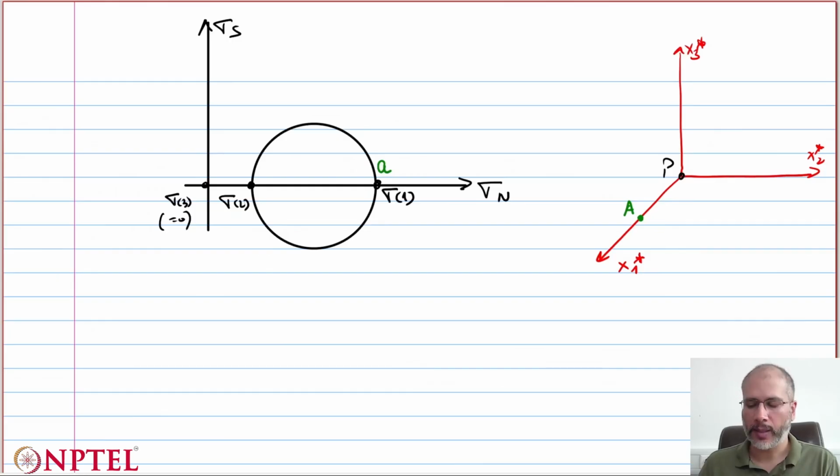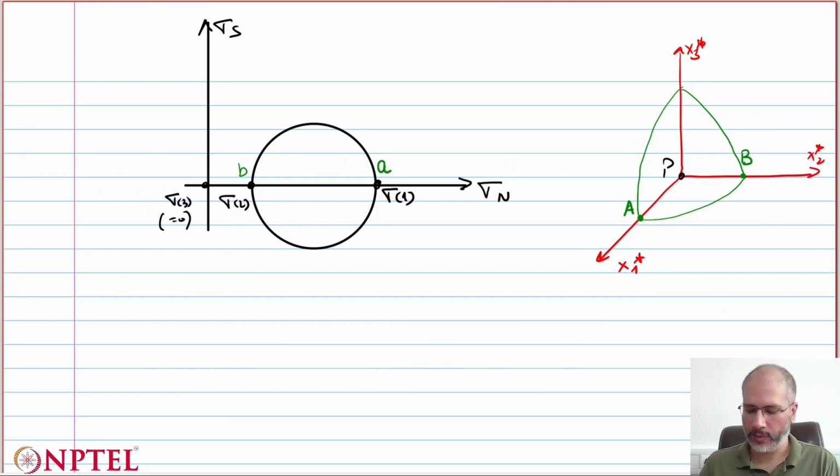Now, if my cutting plane was oriented with a normal along x2 star direction, let's call this B. So please recall that I'm plotting points on the physical plane on the right in such a way that you have the first octant of a sphere, and the normal simply cuts through that octant, resulting in this point capital A or capital B. So the point corresponding to capital B will be the point here, because this is the point which corresponds to the principal value sigma 2.